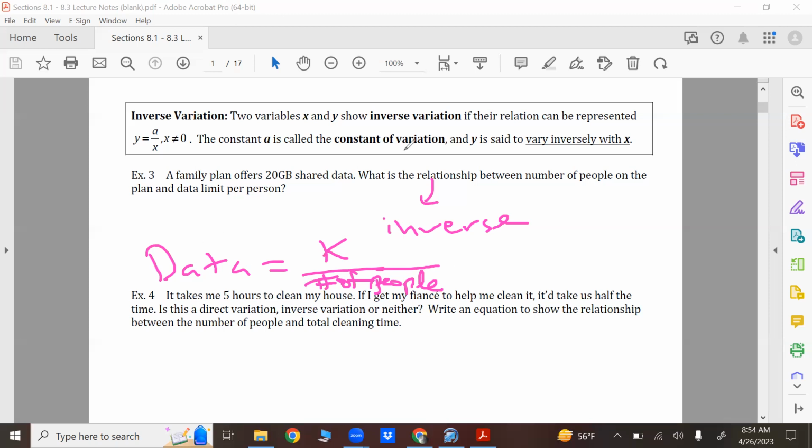And sorry, let me add a little wrinkle to this. This is the data per person.